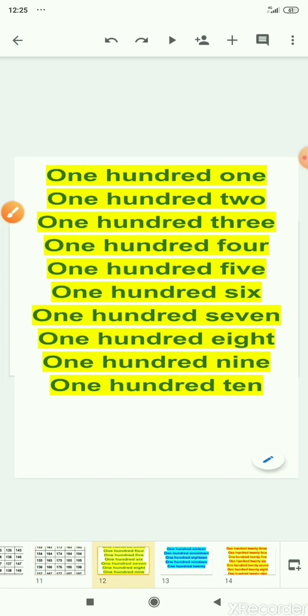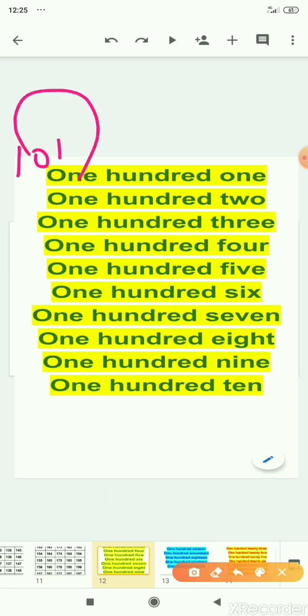Here we have the first spelling, 101. So 1 belongs to ONE, 0 goes to HUNDRED, and again 1 goes to ONE.